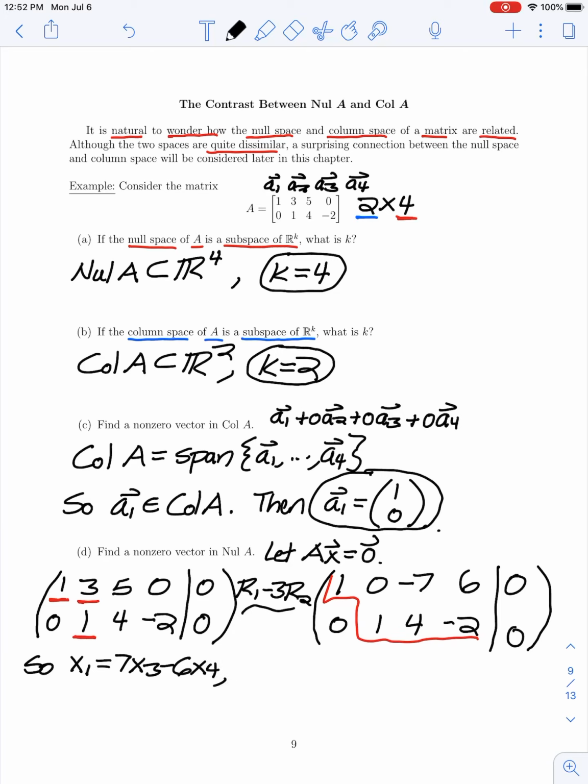Using the second row of this augmented matrix, we have x2 is equal to negative 4x3 plus 2x4. And then x3 and x4 are free variables.